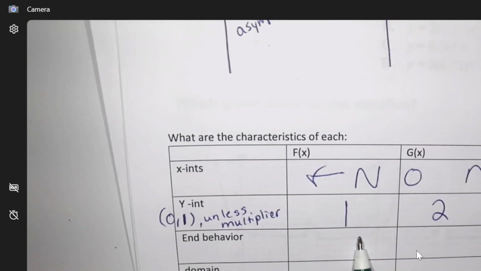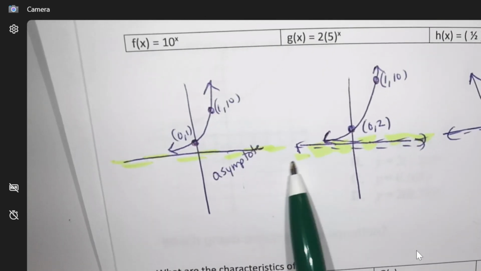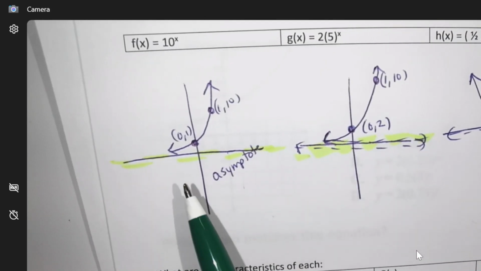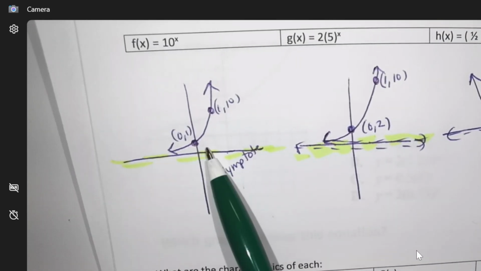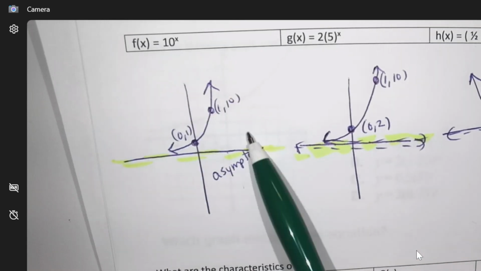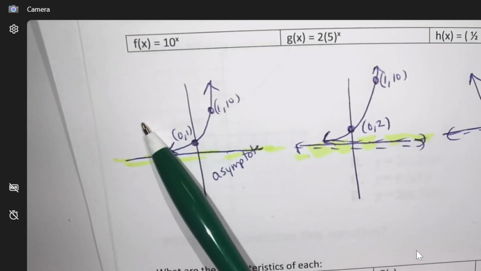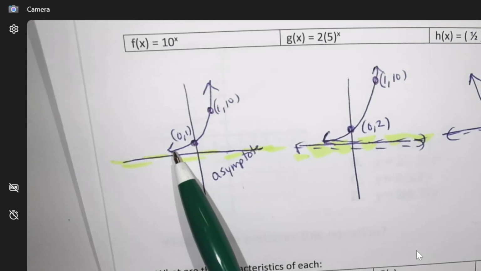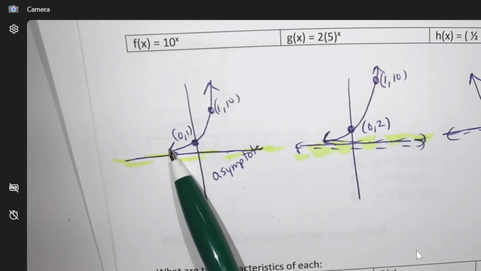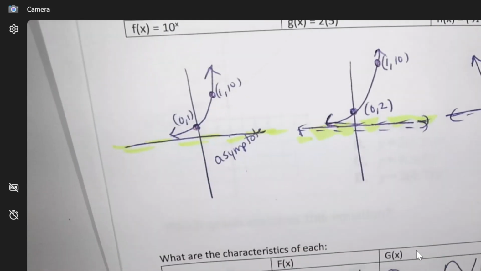End behavior. Okay, so F and G are doing the same thing. What quadrant to what quadrant is this doing? Anybody think about the quadrants? So which quadrant is this arrow in? 2, 2, 2, 1.